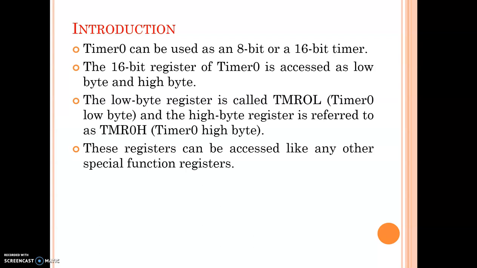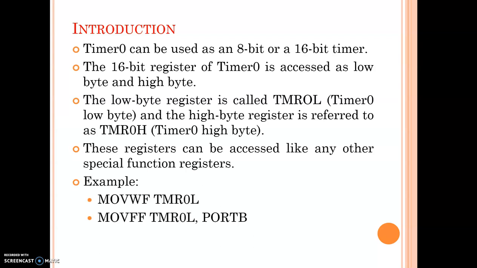These registers can be accessed like any other special function register. We can use an instruction, for example, MOVWF TMR0L. This instruction is going to move the data from the working register into TMR0L, which is nothing but the low byte of the timer. That's how I can load the value in the low byte of timer 0.